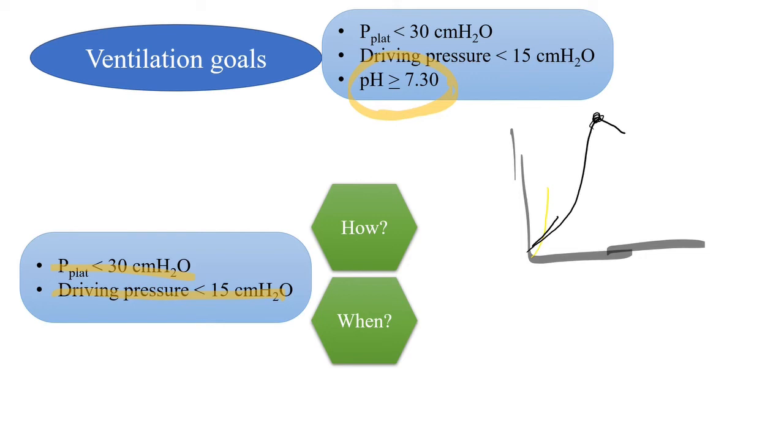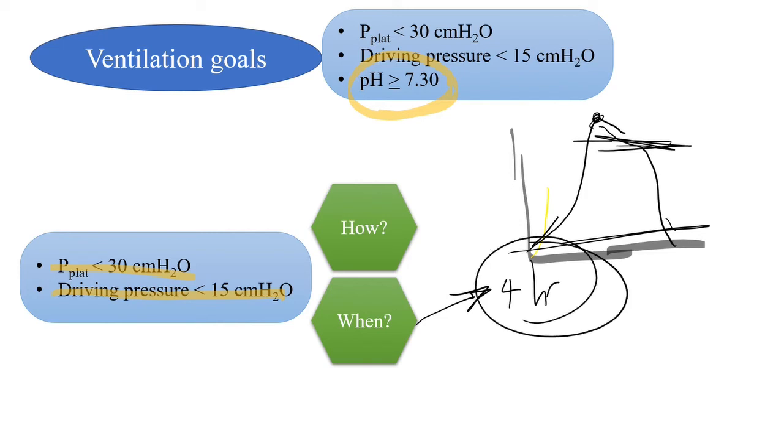When you have an end inspiratory pause, you can then measure the plateau. When you subtract the applied PEEP from this plateau, this is the driving pressure. When to measure? Number one, at least every 4 hours in patients with ARDS, you should measure these pressures. And if you change the parameters, you should measure these pressures.